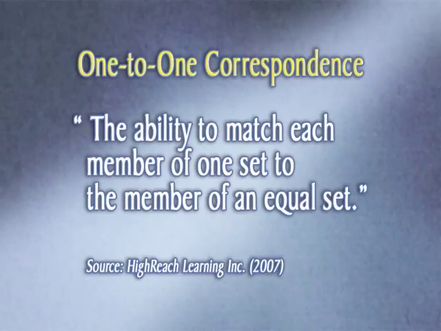Now, as Mary has more experience and plays with her friends and interacts with her teachers, she's going to begin to realize that to get exactly the same number of frogs or whatever as someone else, she can make a matching relationship. And we call this one-to-one correspondence.